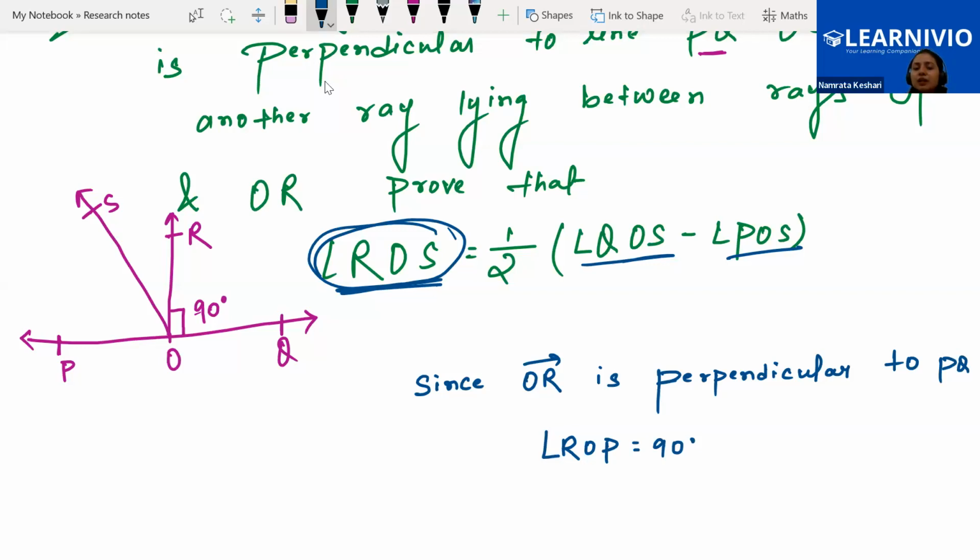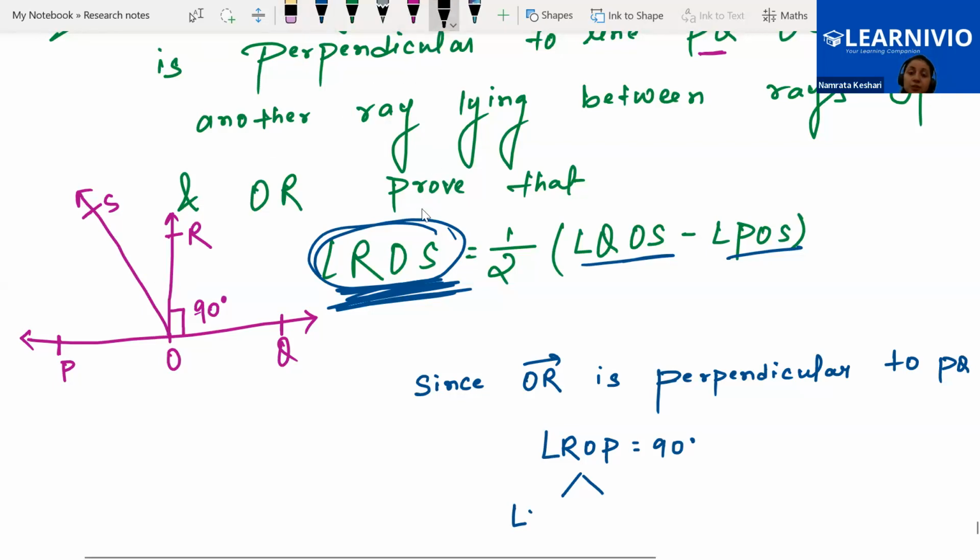So can we break angle ROP? Let's try to break this angle by using ROS, so that ROS will come, because that is there in the proof. Ma'am, we should consider that angle ROS is X. Can we divide ROP so that we will have ROS?